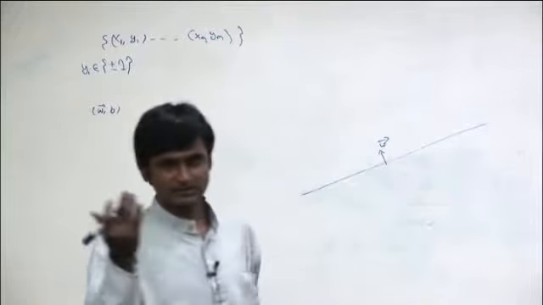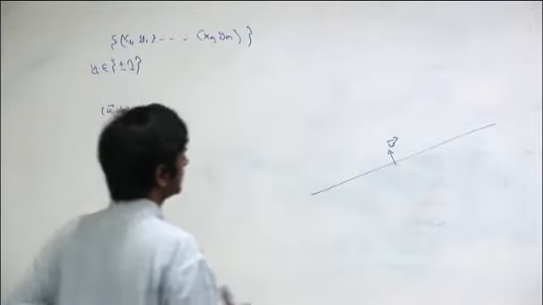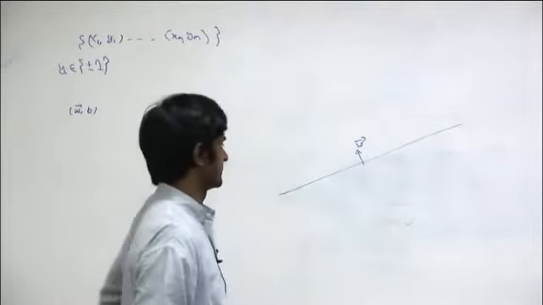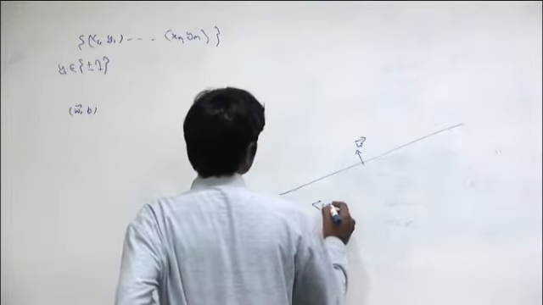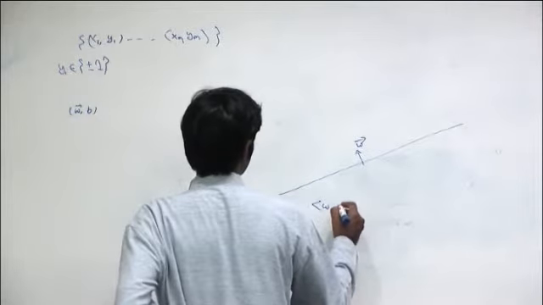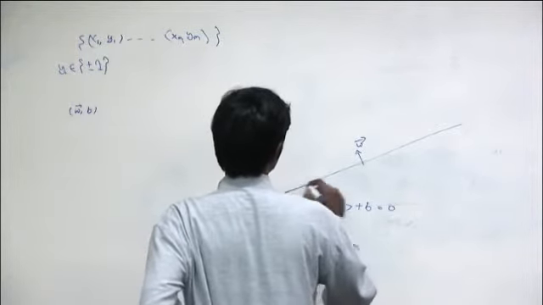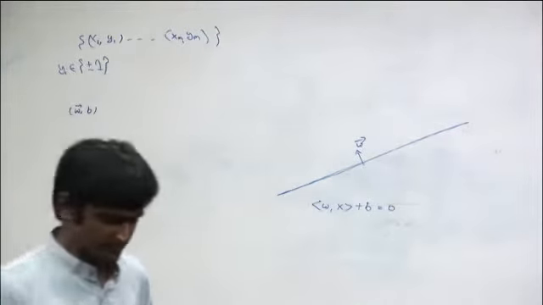It says how far away you are from the origin. If you remember your geometry, the hyperplane is the surface that is perpendicular to w. So you are looking at w times x plus b is equal to 0. That is the hyperplane. So w and b define this hyperplane.